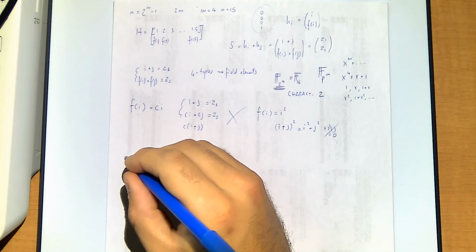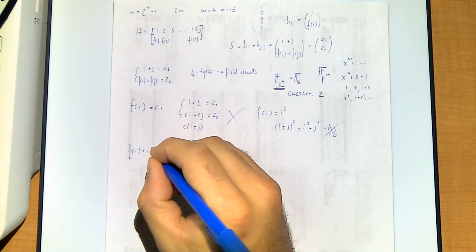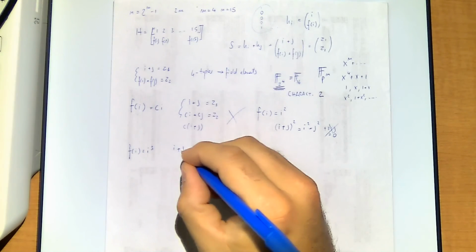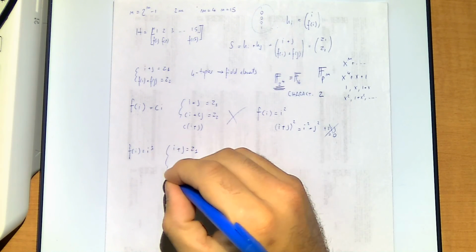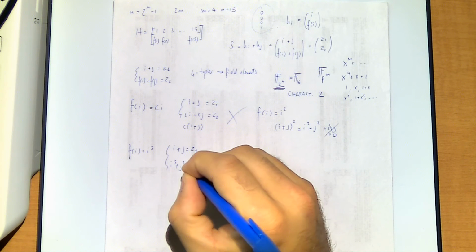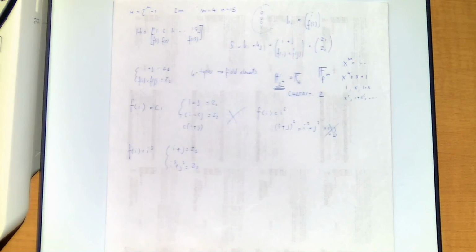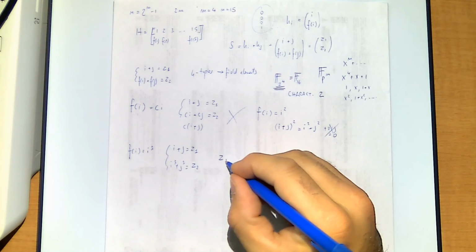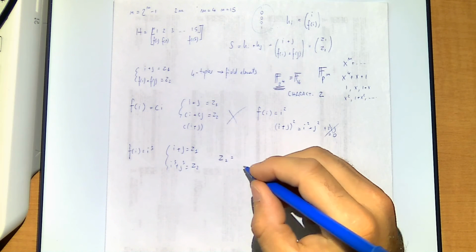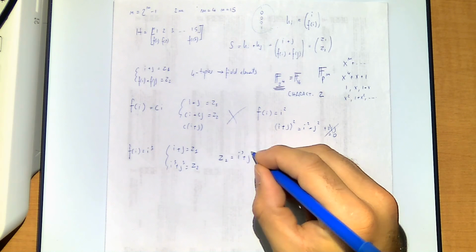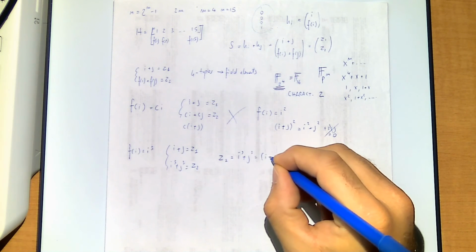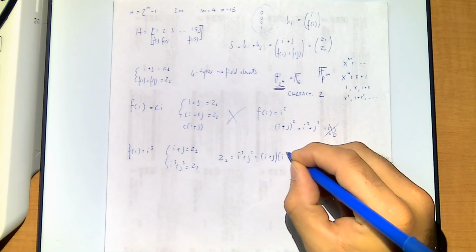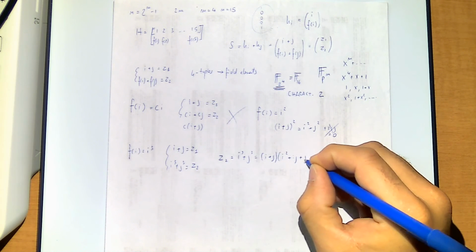But maybe if I choose f of I equal to I cubed, then I get I plus j equal to z1, and then I cubed plus j cubed equal to z2, and this is a properly defined system, and I can solve it. I can write that z2 is equal to I cubed plus j cubed, which we know is I plus j times I squared plus ij plus j squared.